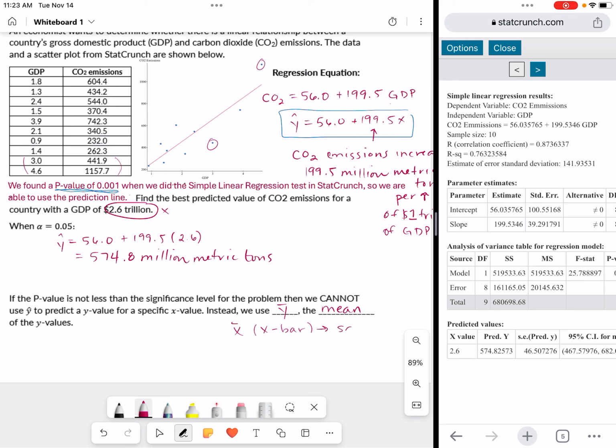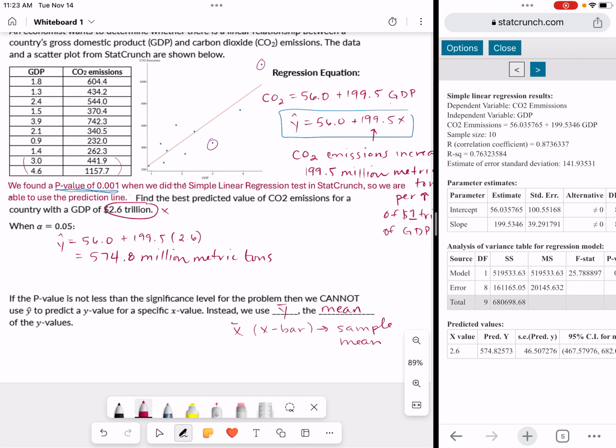That was the sample mean, but that was the sample mean when we only had one variable. Now we have two variables, so we're going to have two different sample means. So y bar is just, we have x's and we have y's, so we have a mean of the x's and we have a mean of the y's. So nothing extra special here, just we're looking at the other variable.